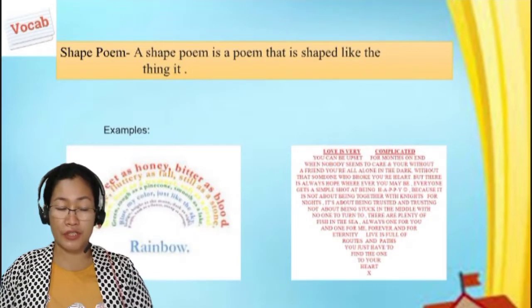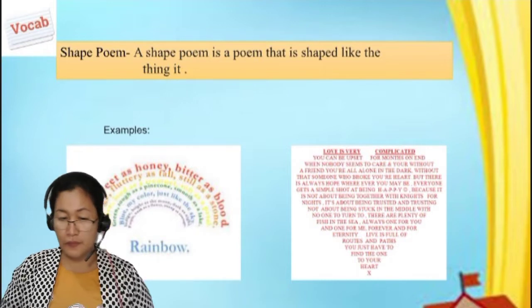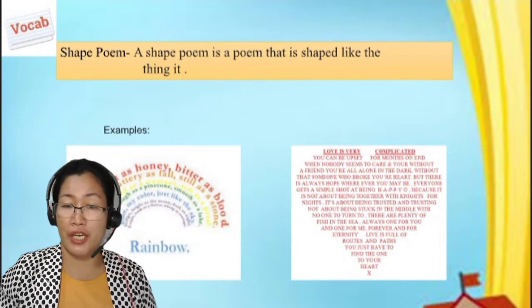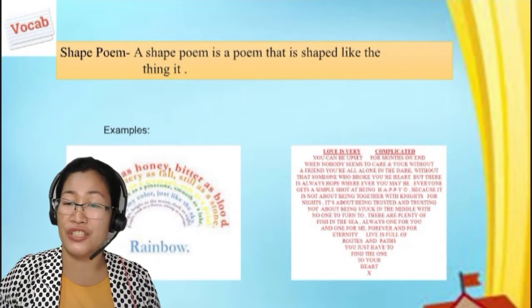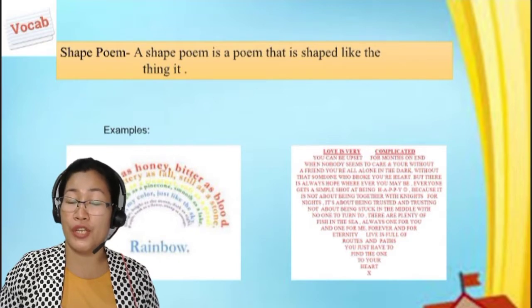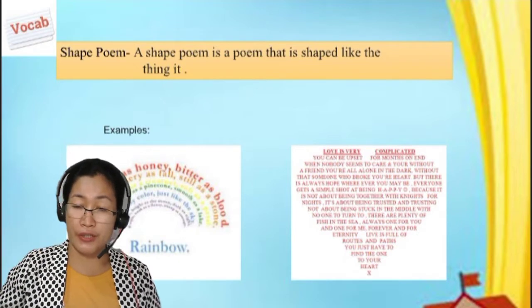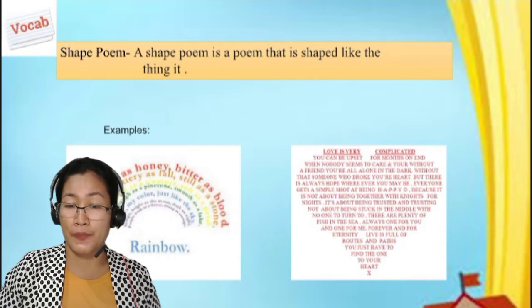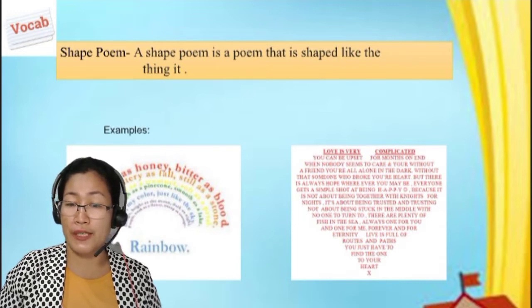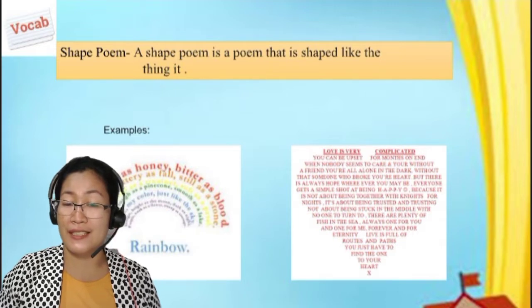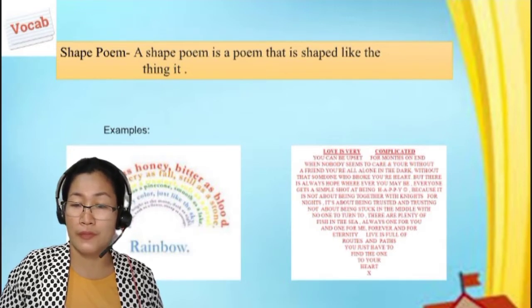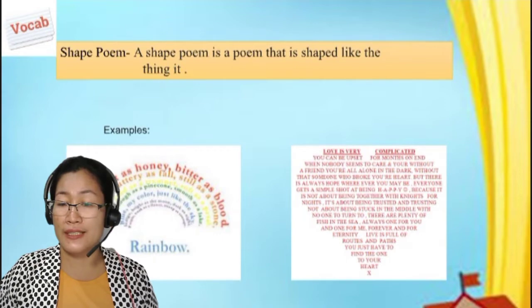Who wants to read a shape poem? Yes, a shape poem is a poem that is shaped like the thing in it. So here are two examples that we can see. In the first picture, we can see that the shape is just like a rainbow. And the other one is just like a heart.